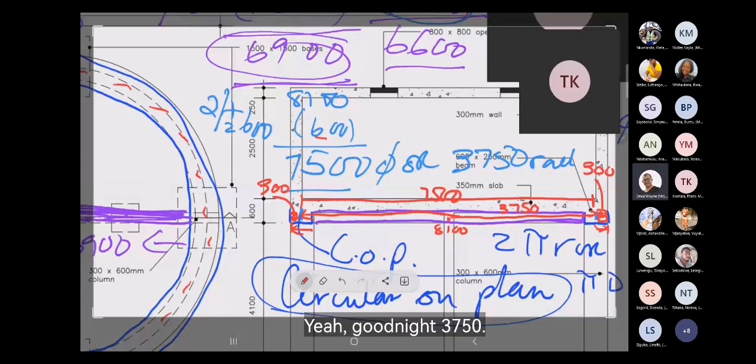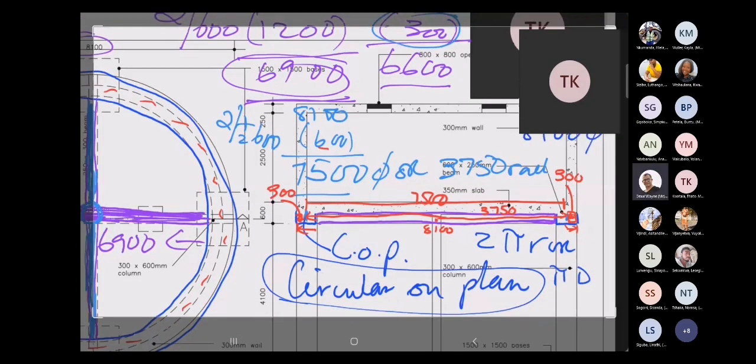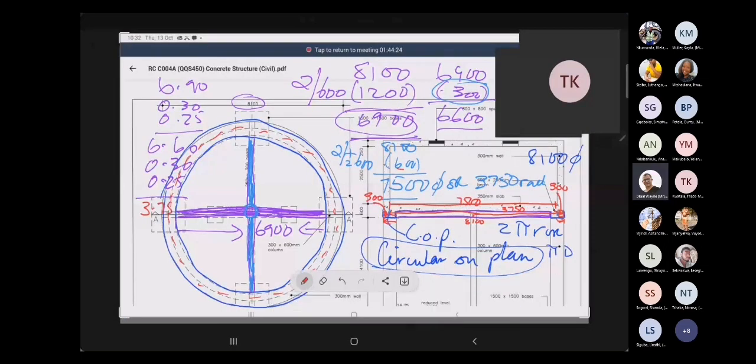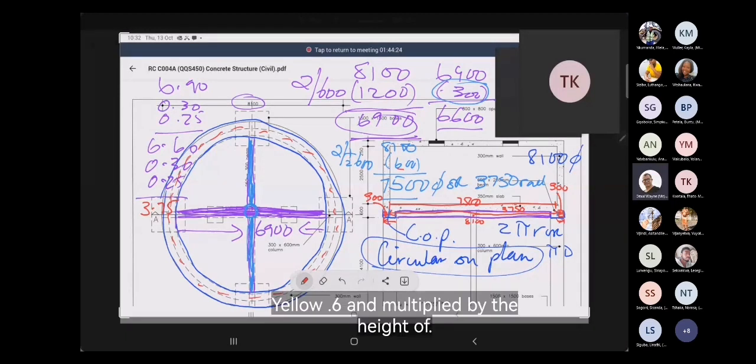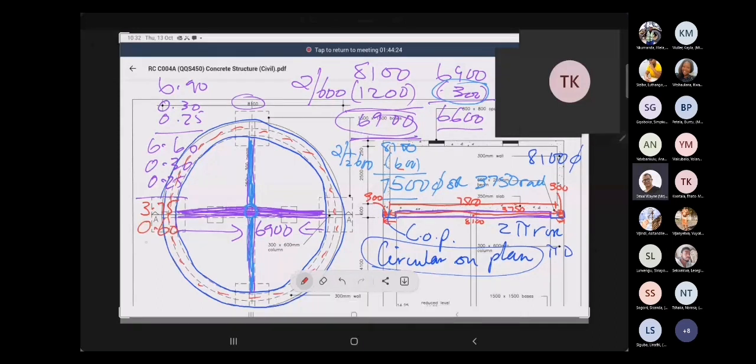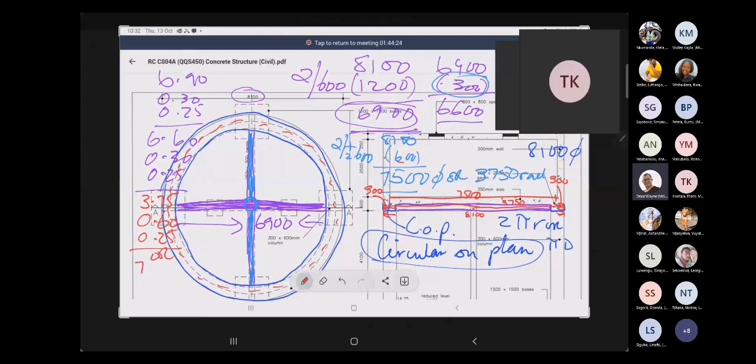Okay? So now 3,750, whichever one you want to use, either 3.75 multiplied by what? By which width? 0.6 and multiplied by the height of 0.25, or 7.5 multiply 0.6, that is times 5 times 2.